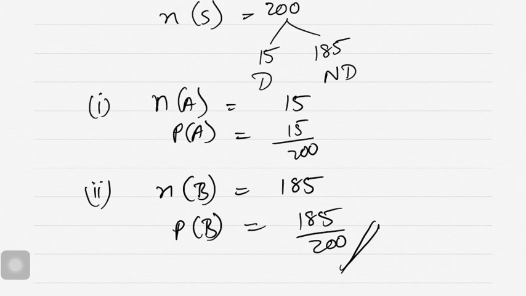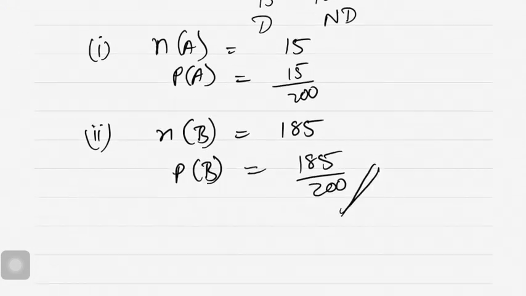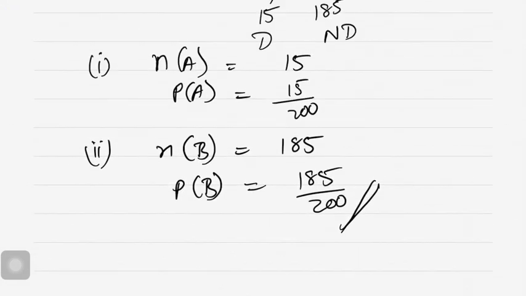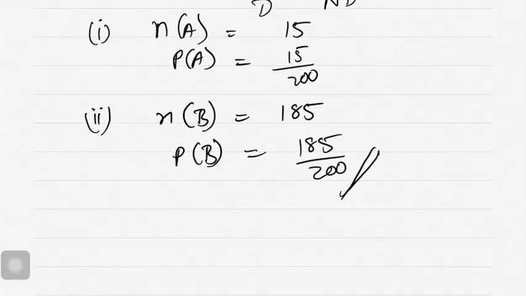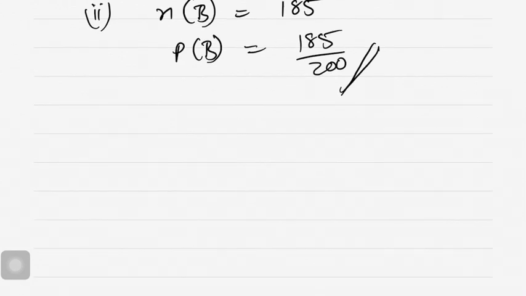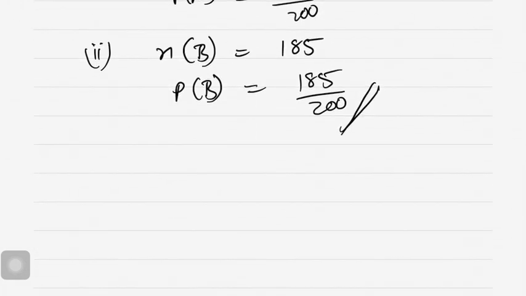Correct? It's that simple. Okay. You all take down this answer. There is one more way to solve the same question. So I would be explaining one more concept, which is complement. Okay, first let's take down this, then we will solve the same question in another way.